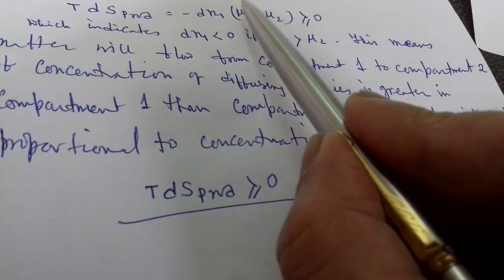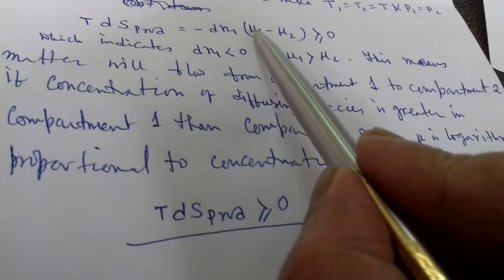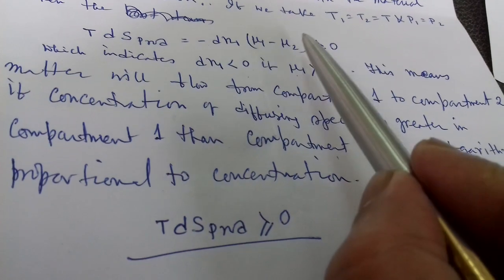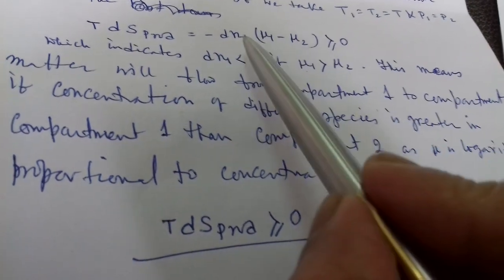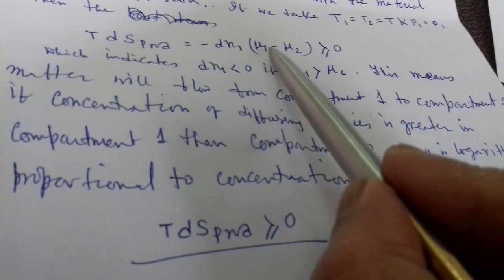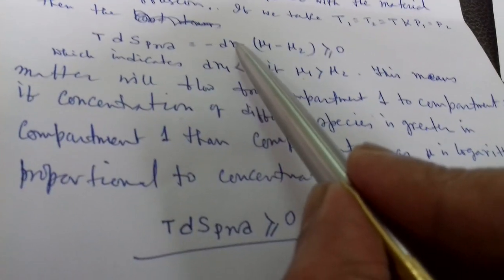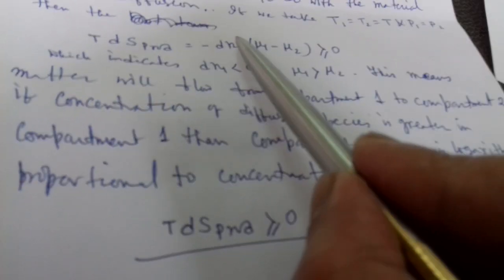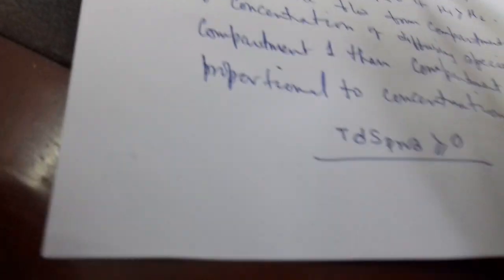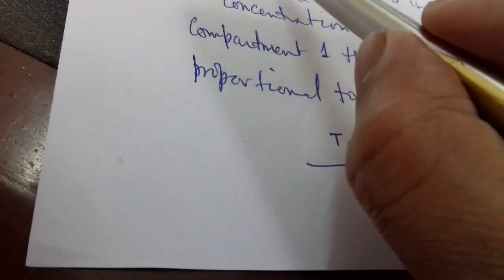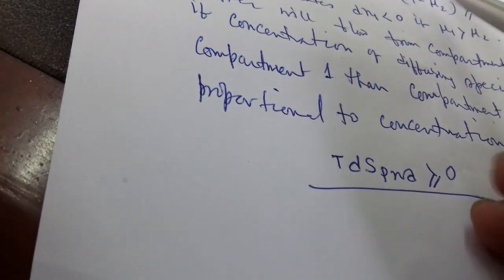So with the increase in the chemical potential of compartment 1, the matter will flow from compartment 1 to compartment 2. In that case this factor will be positive and dN1 must be negative, because the number of moles will reduce in compartment 1. But overall, that is also a common experience. Whatever we do, the T dS prod becomes greater than 0.